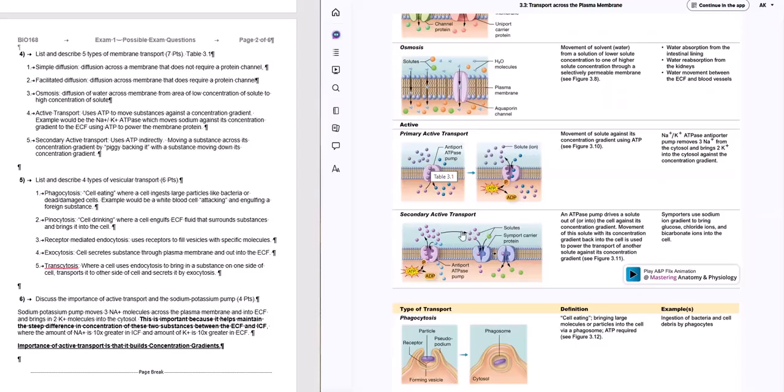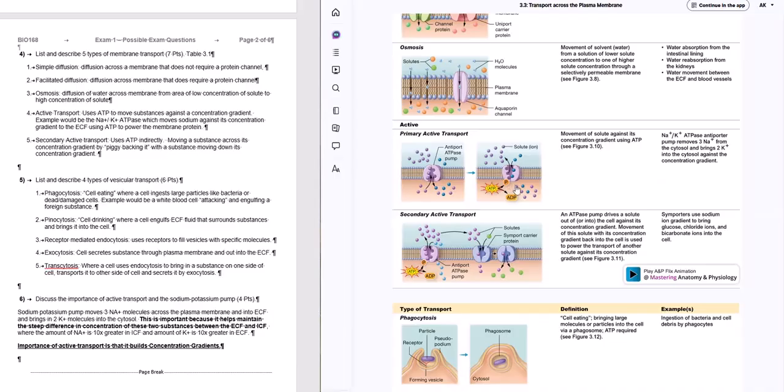And then when the concentration gradient is built and then it flows back across and carries a secondary molecule with it, this is called secondary active transport. So there is your list and describe 5 types of membrane transport. In Table 3.1 they are simple, facilitated, osmosis, active transport, and secondary active, with a brief description for full credit.